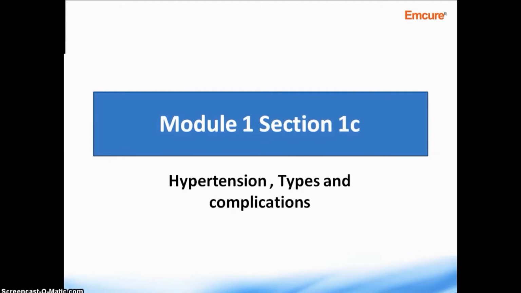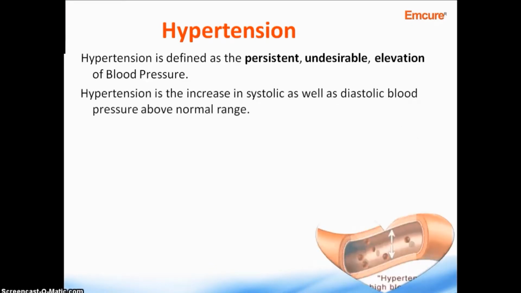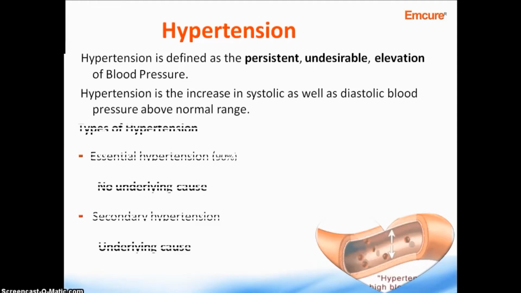So now we are going to talk about hypertension types and complications of hypertension. Now if you go to the next slide, you will see the definition of hypertension. Well, hypertension is defined as a persistent, undesirable elevation of blood pressure. Hypertension is an increase in the systolic as well as the diastolic blood pressure above the normal range.